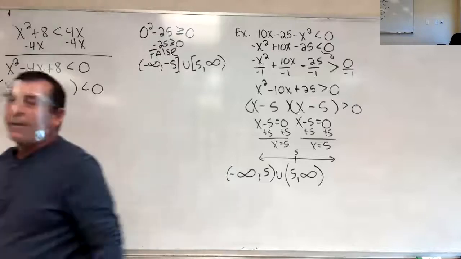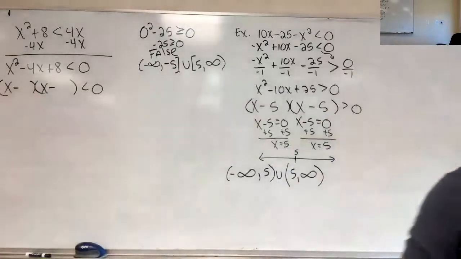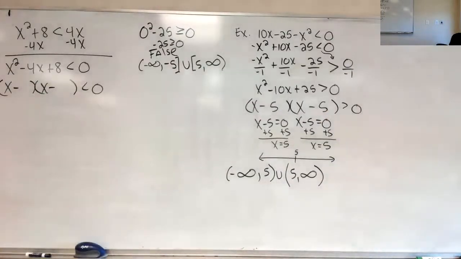All right, so find me some factors of 8 that'll give me a 4 when you add. So 4 and 2 ain't working. 8 and 1 ain't working. No, 6 and 2 would be 12.